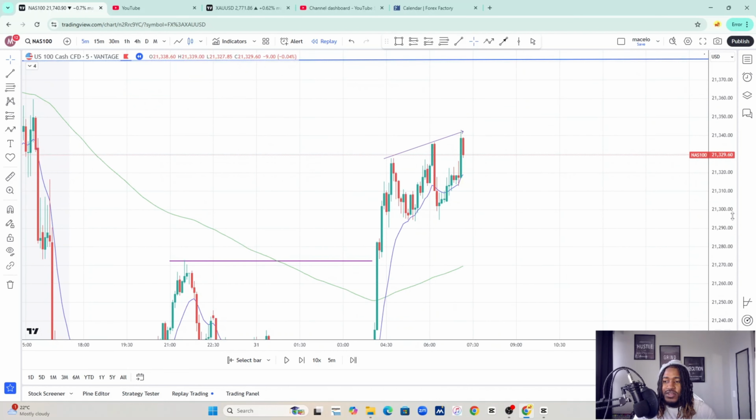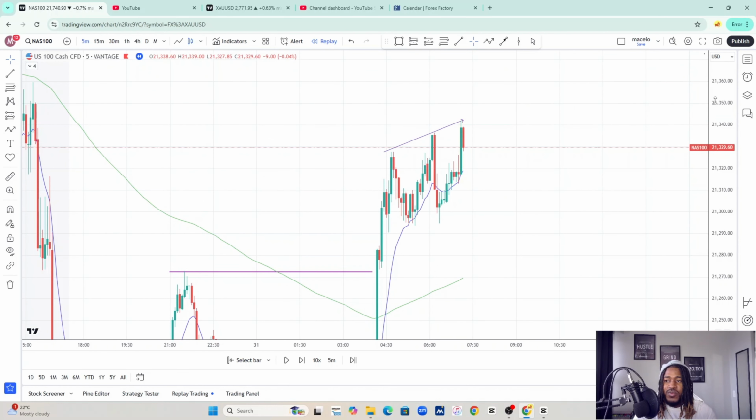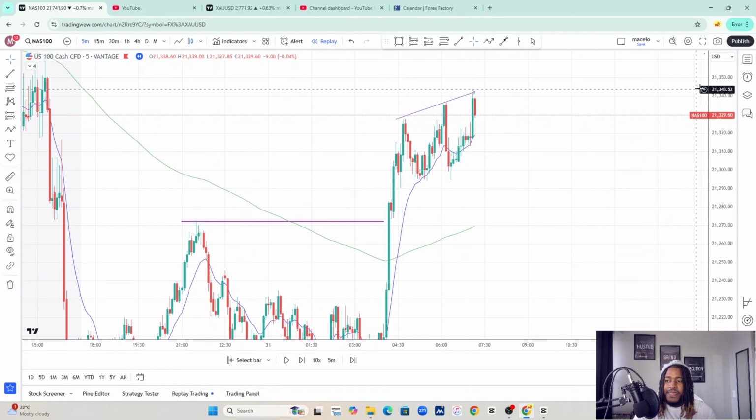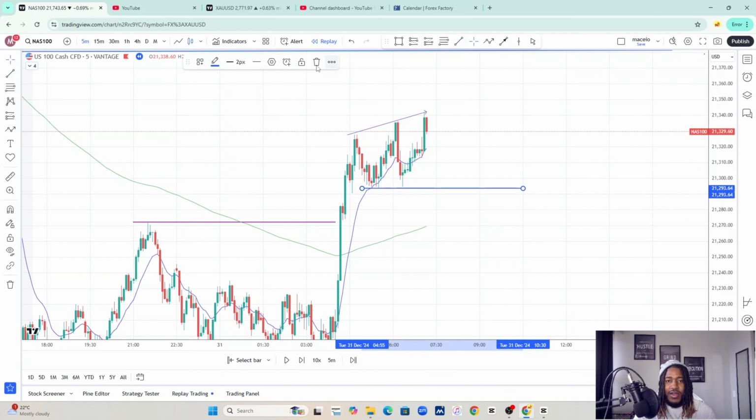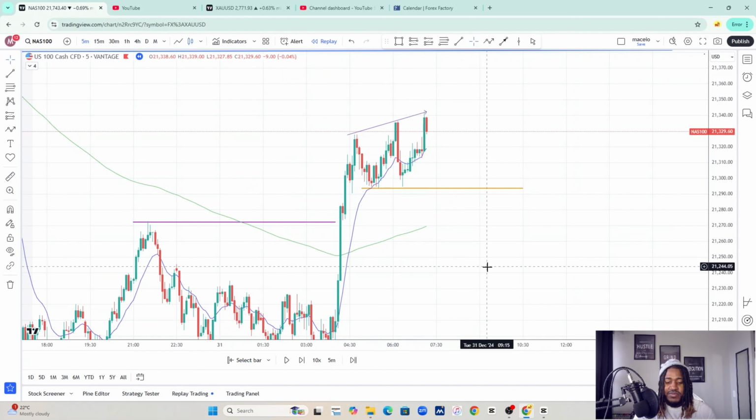So what I want to do is I want to make sure that that's what I'm going to get, and I'm making sure price doesn't break this area. If price breaks this area, I will be looking for sells. Alright, if price breaks that area.